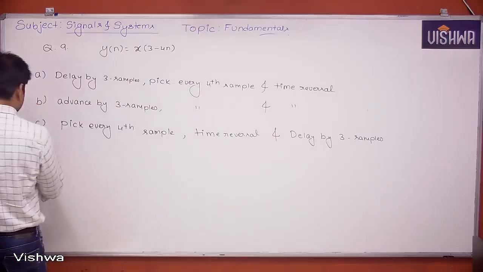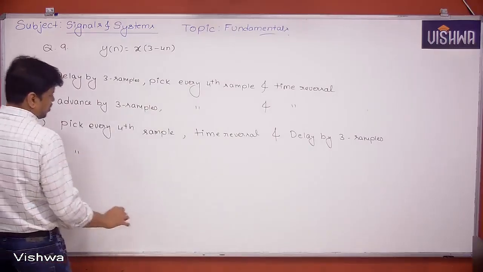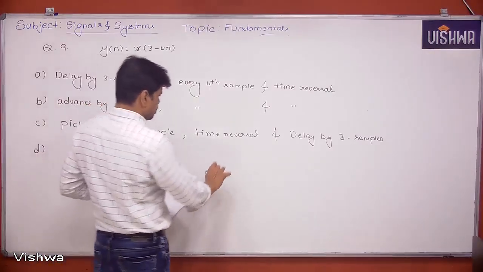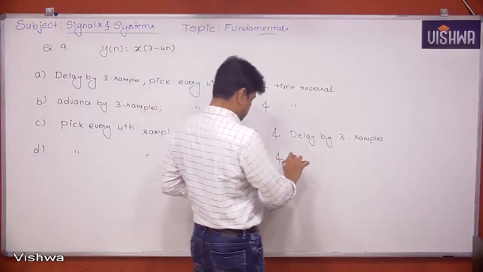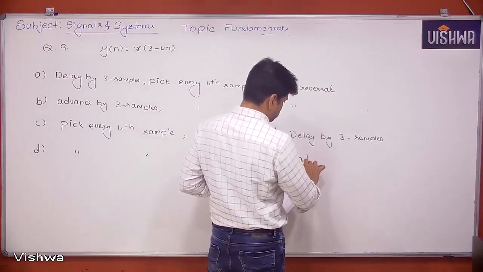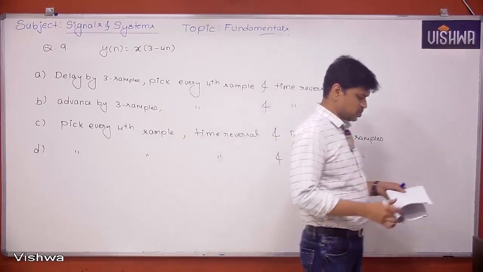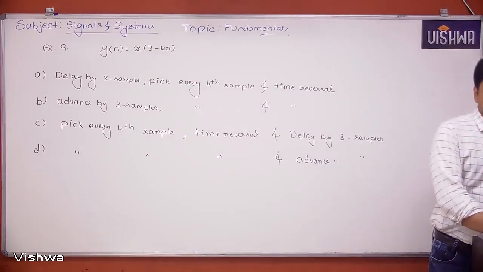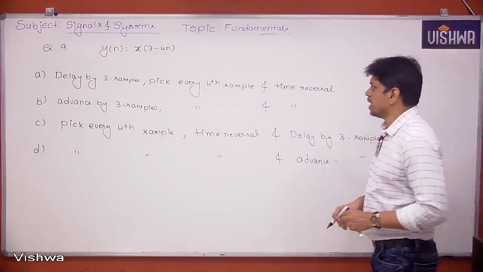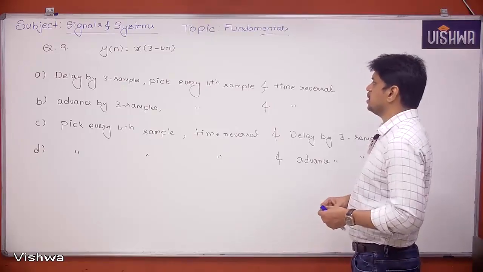Option D: pick every 4th sample, time reversal, and advance by 3 samples. So which procedure do we have to follow to calculate x of 3 minus 4n?